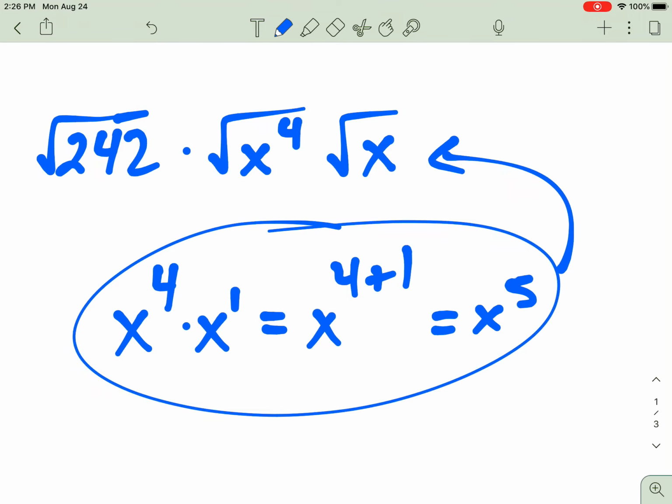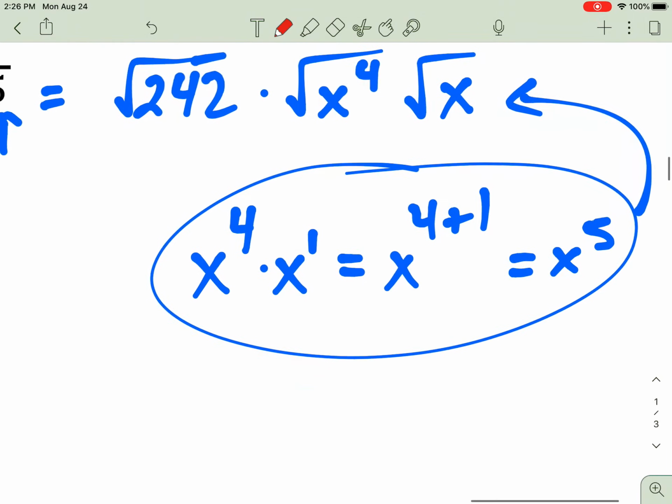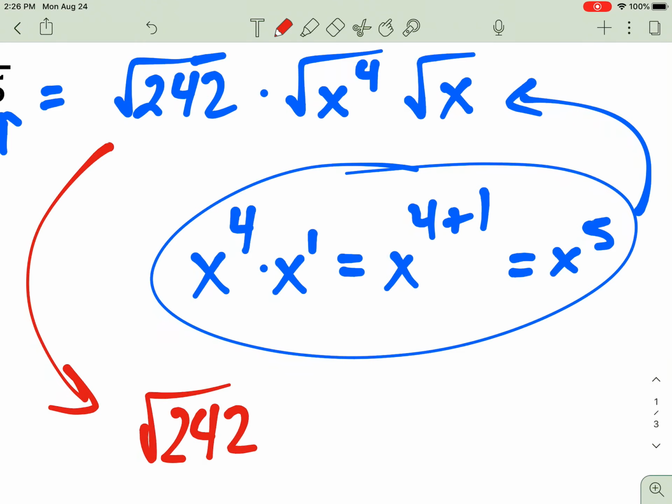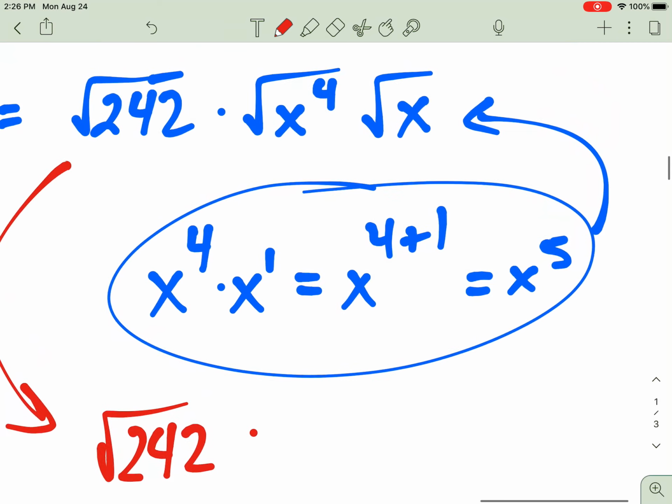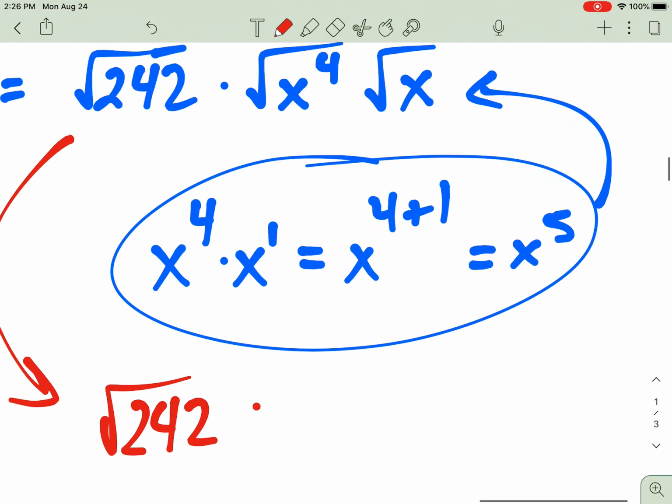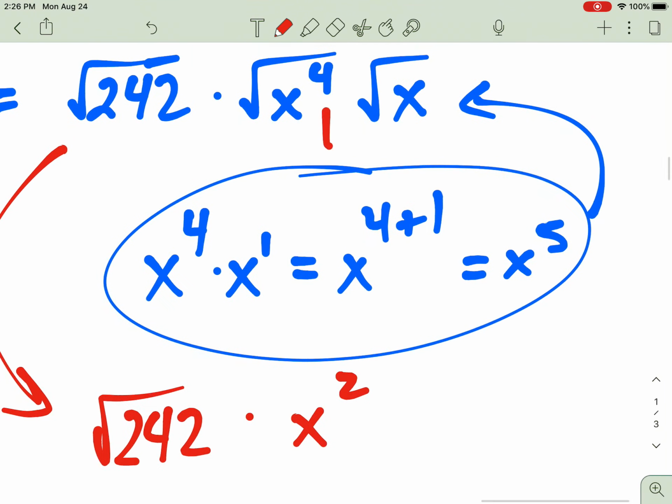Okay? And so we bring that down. Square root of 242 times square root of x to the 4th, since it's even, it's just half of that. Right? Or, well, I shouldn't say since it's even. I should say since this is a perfect square, the square root of 4 is 2.